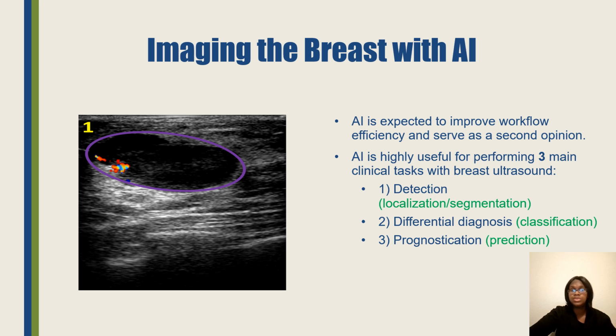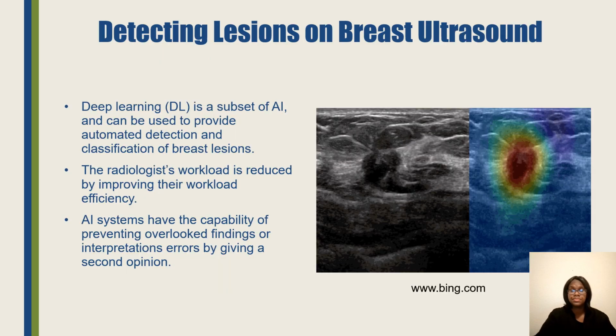Okay, whenever you do image the breast with AI, it will improve the workflow. It's going to serve as a second opinion pretty much. So this will be very helpful in detecting anything that's abnormal. It can detect lesions in the breast.